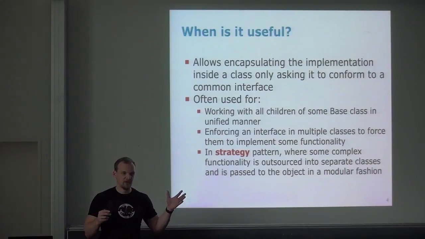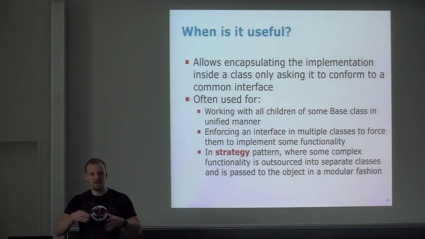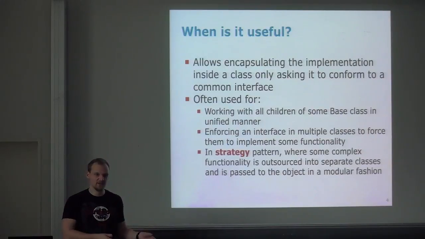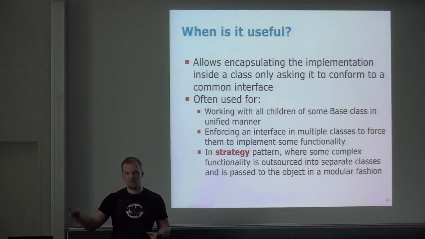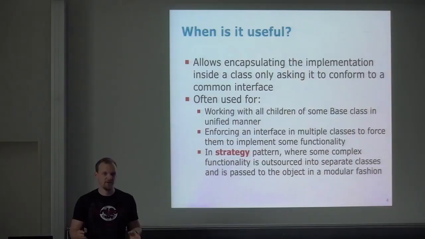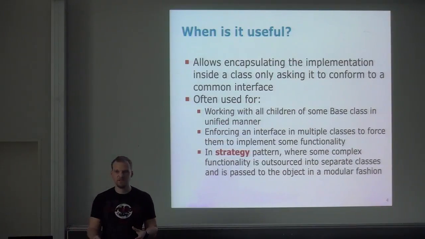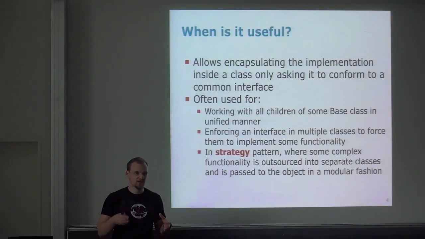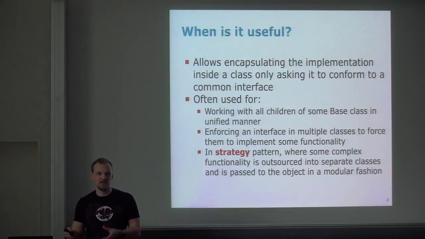Let's say we have a base class and a derived class, and they are in the is-a relationship as I told you yesterday. So we can say that the derived class is a base class. Then we just want to work with them in a unified manner. We want them to have the same interface, and whenever I say interface, I mean public functions. So they have the same public functions, and we don't really care which exact class we're working with. We just care that they conform to the same functions.